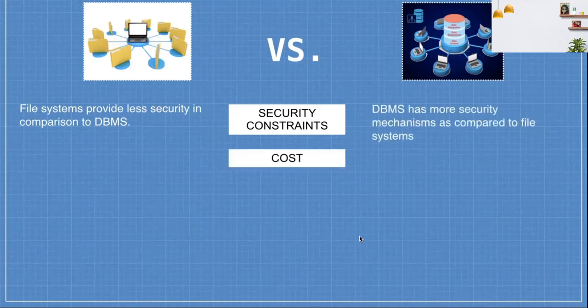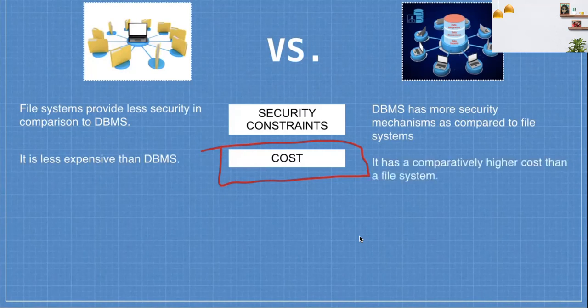So cost. Siyempre, pag sa cost, traditional file management is less expensive kasi save mo lang siya eh. So, siyempre, mas mahal, DBMS has comparably higher cost than the file system.